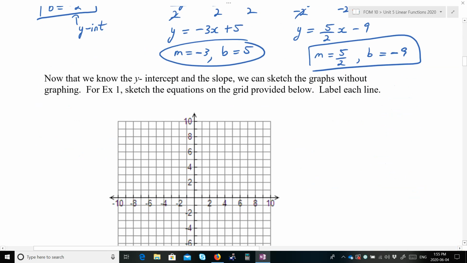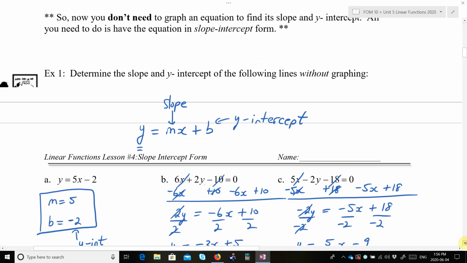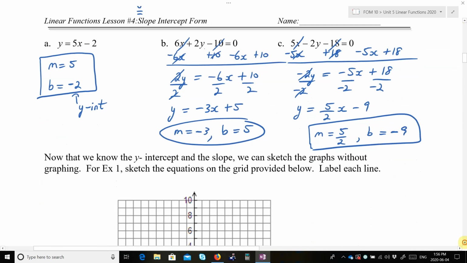Okay, so now that we know the y-intercept and the slope, we can sketch the graphs without graphing. I don't really know what that means, honestly. Sketch the graphs like without a table of values. Okay. For example 1, sketch the equations on the grid provided below.